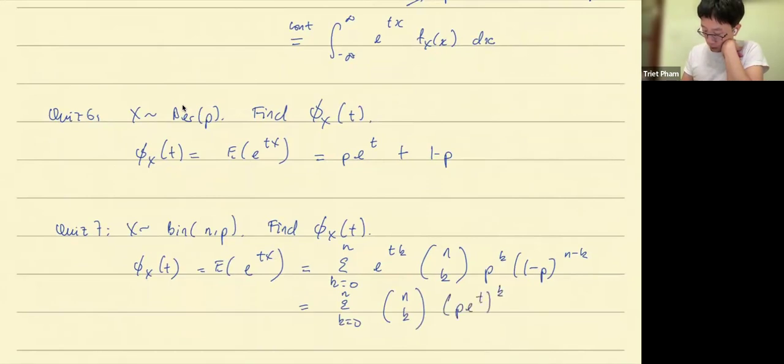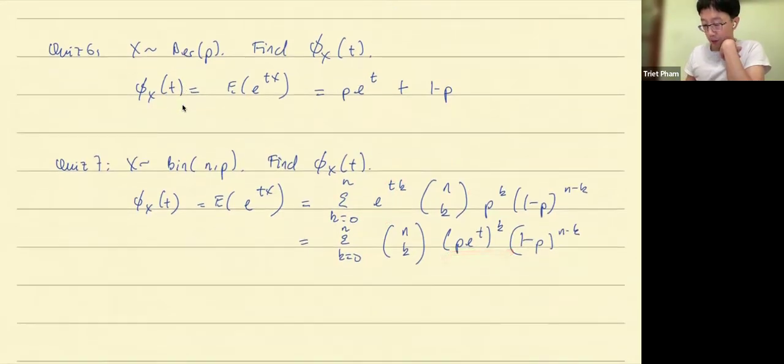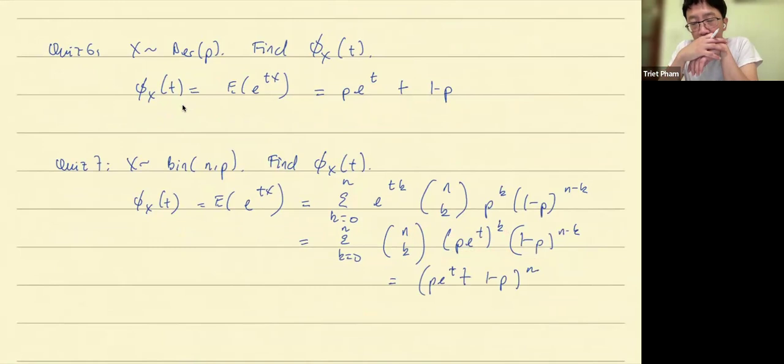One straightforward way to do that is to group the e to the tk into the p, so it's something to a k power. Because this is exactly the binomial formula, right? n choose k, a to the k, b to the n minus k, which is a plus b to the n. All right. Any questions so far?